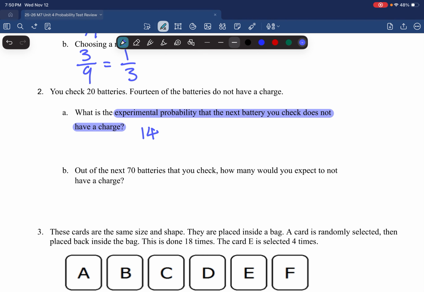That's 14, and I've checked 20 total. What number goes into both of these? I know 2 goes into both of these, so I can reduce this to 7/10.